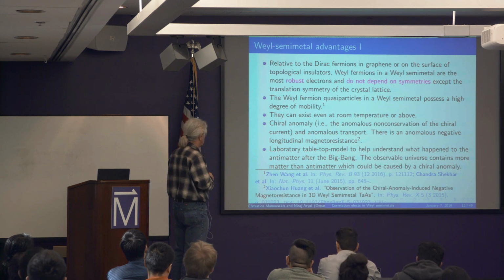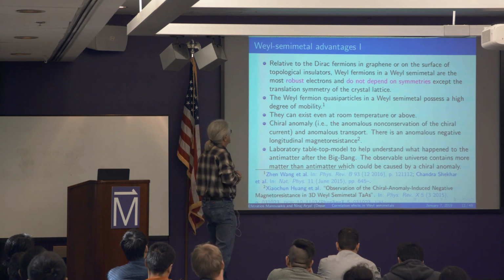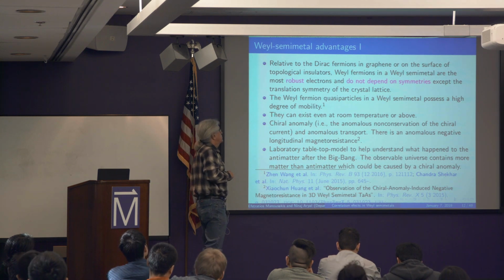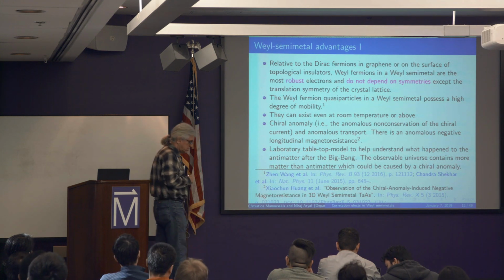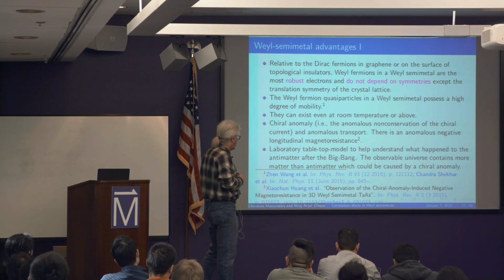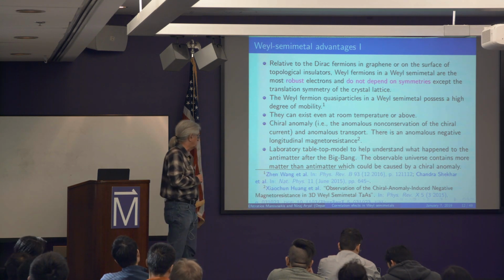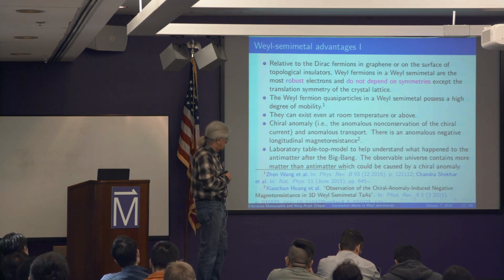They don't depend on other symmetries, and as a result of that, in condensed matter, they possess a high degree of mobility. Another property that they have is that they show anomalous transport, in particular negative longitudinal magnetoresistance.